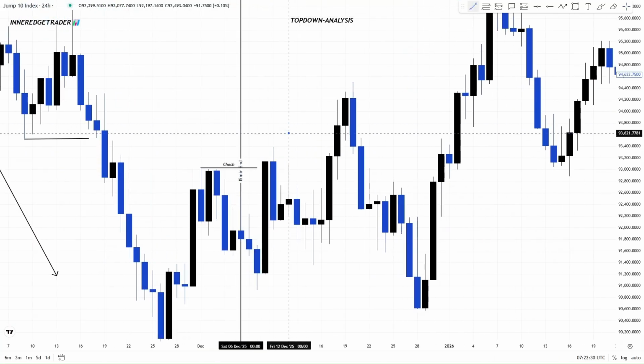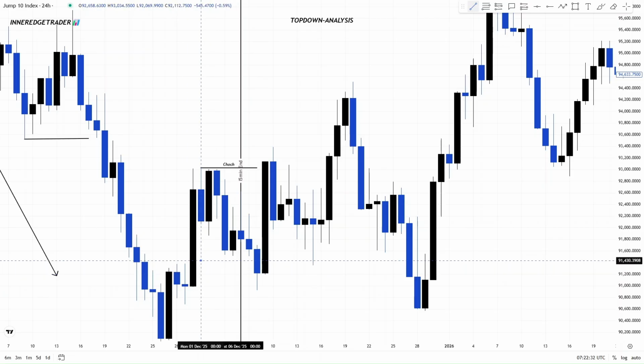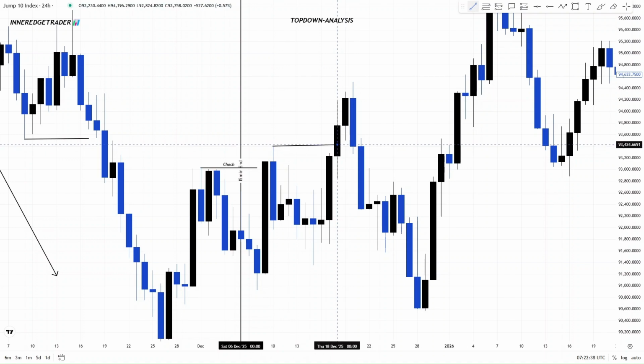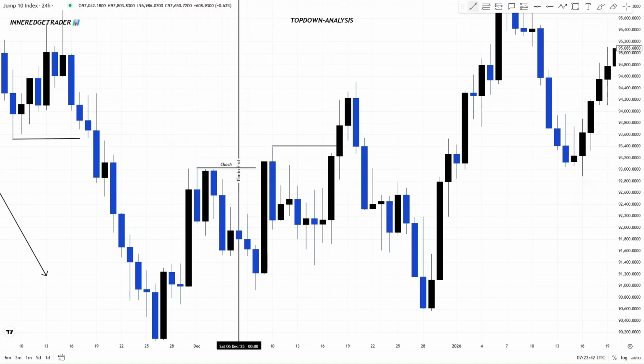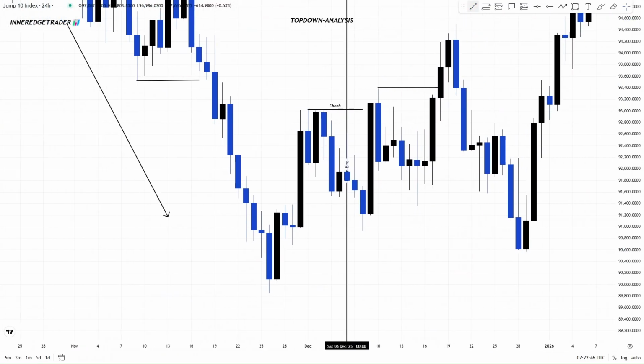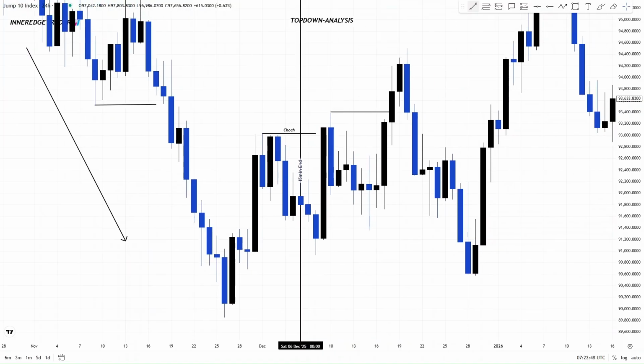Then the change of character reacted to another block that formed another break in structure here. So these are a break.